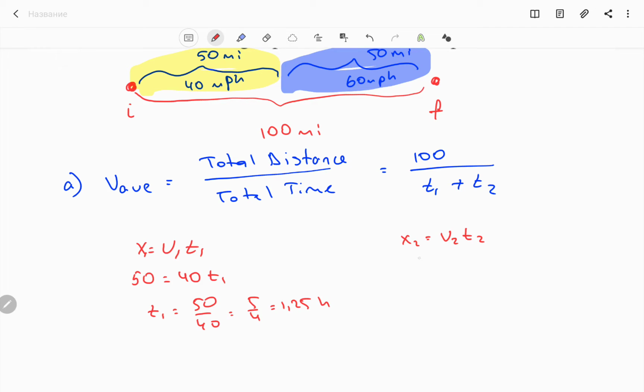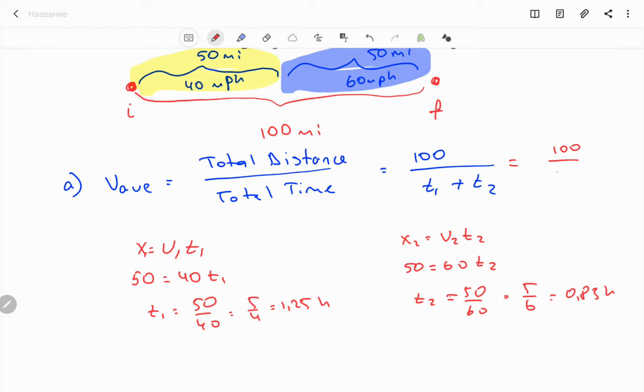Again, velocity is constant. 50 equals 60 times t2, so time 2 equals 50 divided by 60, which is 5 over 6, approximately 0.83 hours. Now we can come back to our first equation.